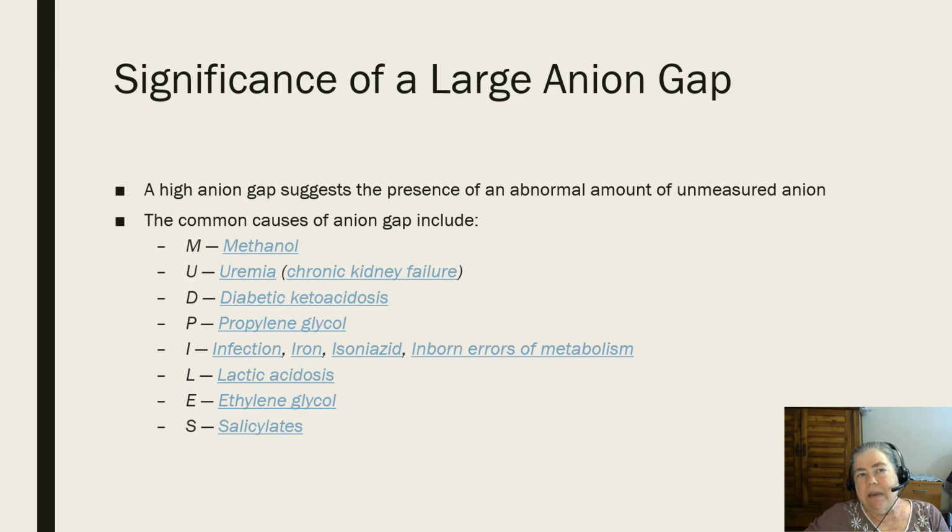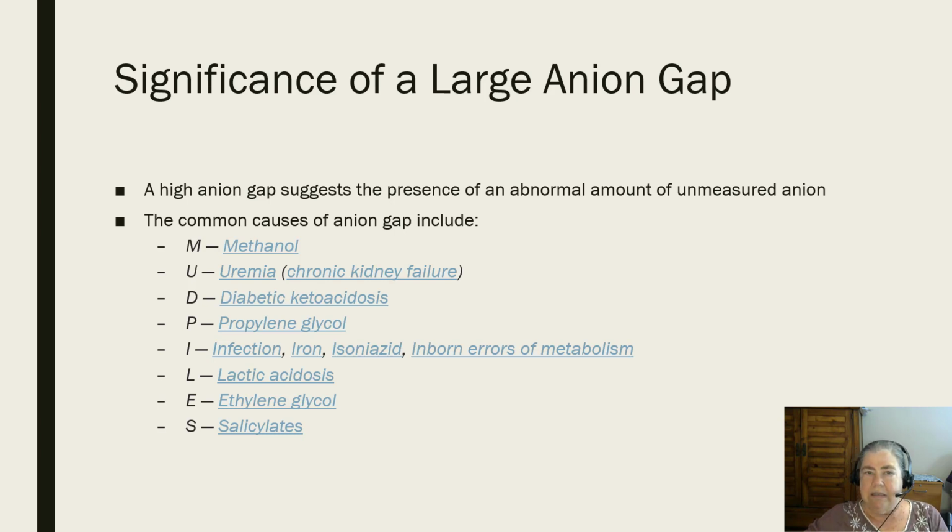So if you see somebody with a metabolic acidosis and they have an abnormal high anion gap, it suggests that there are unmeasured anions, and there is a mnemonic that is pretty universal to help people remember the common causes of an anion gap metabolic acidosis.